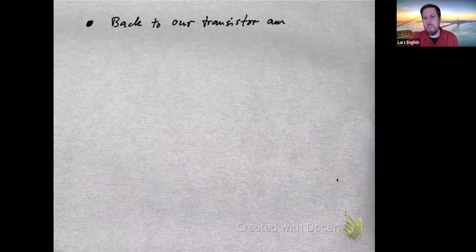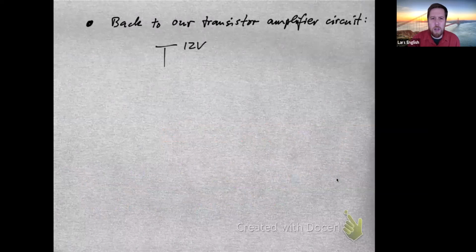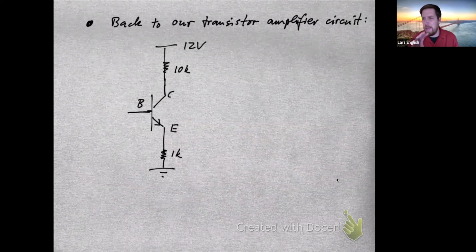But back to our transistor amplifier circuit one more time. Okay, so we have this piece of it here, and we're basically dealing with this current here that we want. Okay, this current could be fairly large.